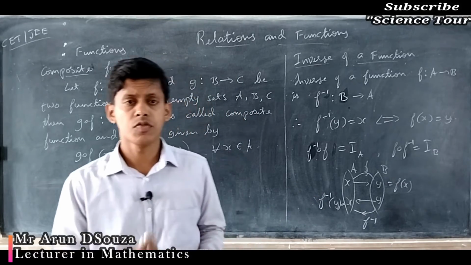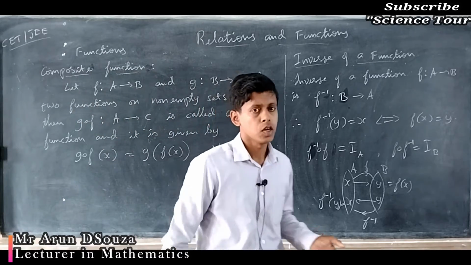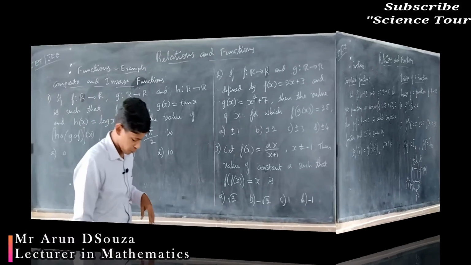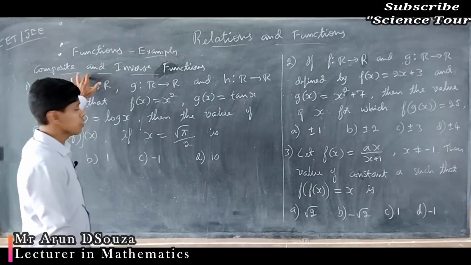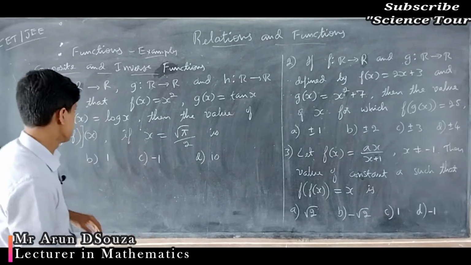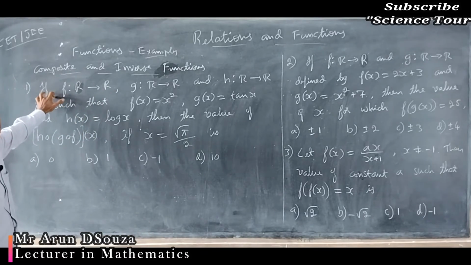Now let's solve a few questions regarding the composite and the inverse of a function. We are solving the examples of composite and inverse functions. Let's look at the first question here.